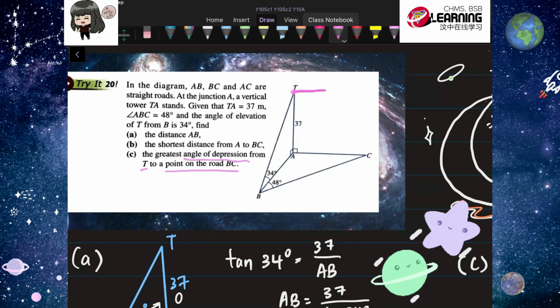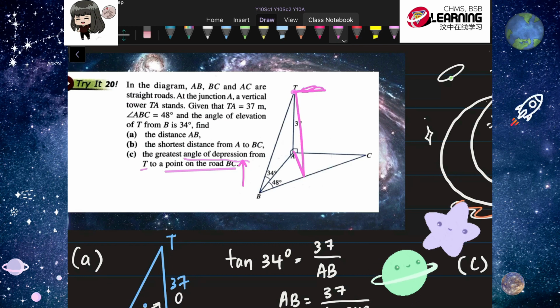Which way will give you the greatest angle? Here, along this shortest distance. Because this is 3D, if we are looking downwards like that, here will give us the greatest angle of depression, because you are looking down from here, the shortest distance, and only then will you get a greater number.